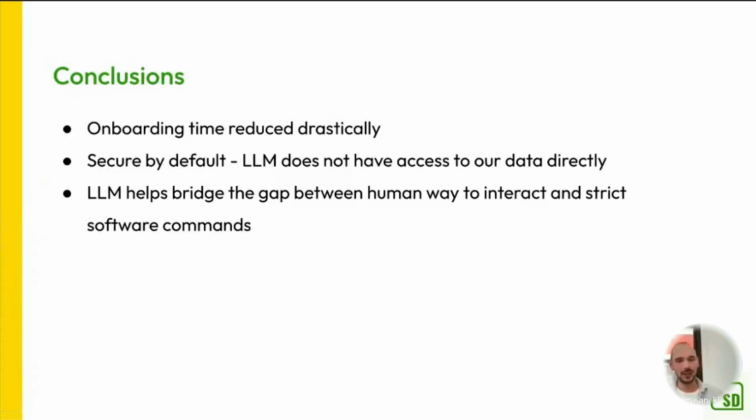And from the software development side of this conference, I'd like to mention that for this demo, I was using the OpenAI model 4.1 mini. It doesn't have direct access to the database, so it's basically secure by default. It can, however, give commands and request additional data.